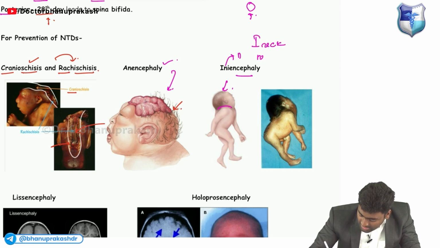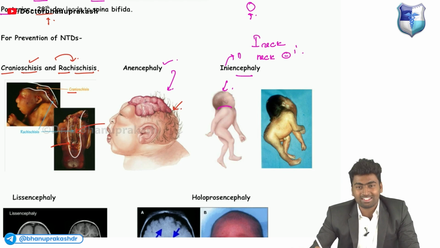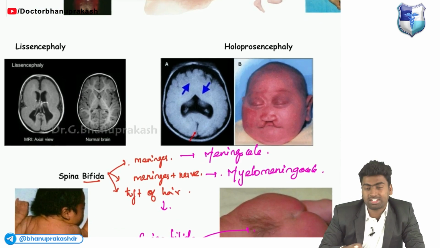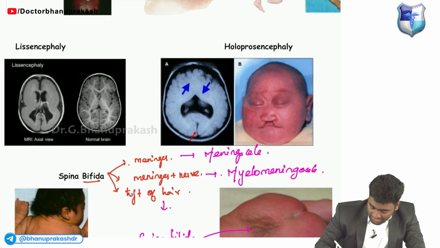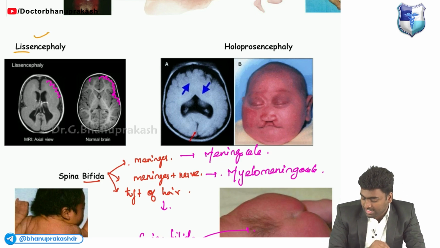So in a case of anencephaly, there will be no neck present. Right? There are a few more conditions which occur in the brain. If there are no rugosities, like the sulcus and gyrus of a normal brain, it is known as lissencephaly.